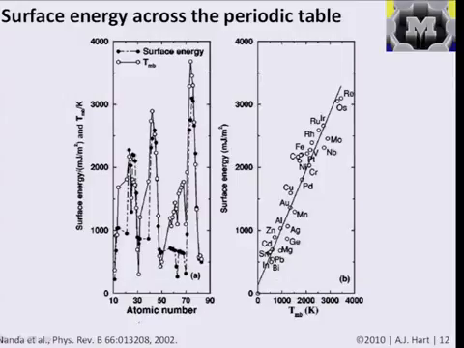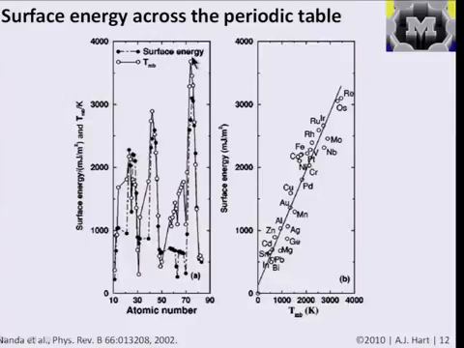And just as a little aside, for each solid on the periodic table, you have a surface energy that can be calculated or can be measured. It turns out that as you go across the periodic table, as you go across in rows, the surface energy goes up in a periodic fashion.